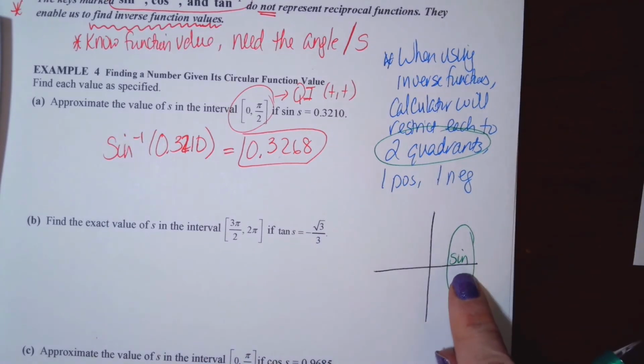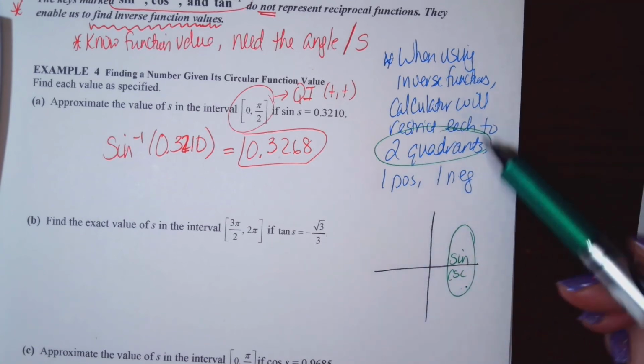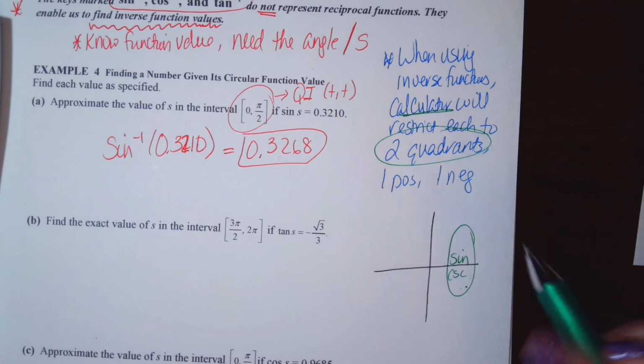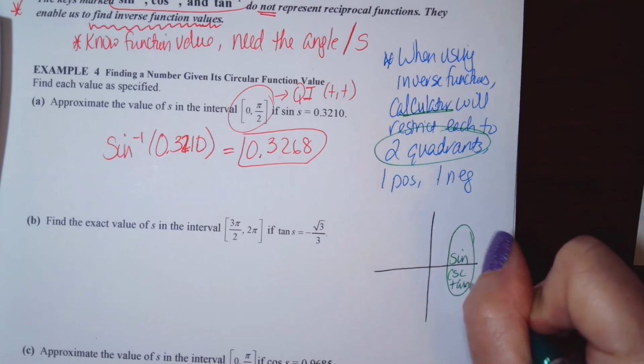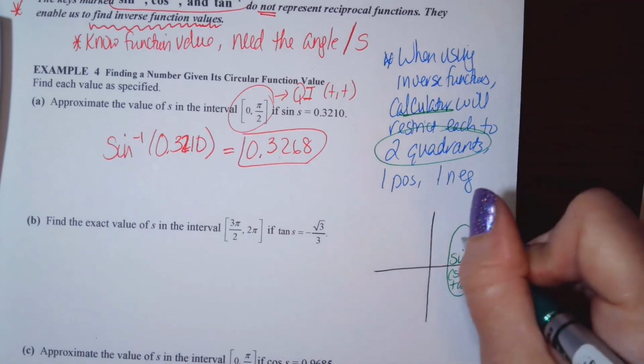In fact, that's the restriction for anything that is y dominant, so sine and its reciprocal cosecant. The calculator is going to give me values in quadrants 1 or 4. And then tangent, because tangent is y over x, tangent is going to return a value over here in quadrants 1 and 4.